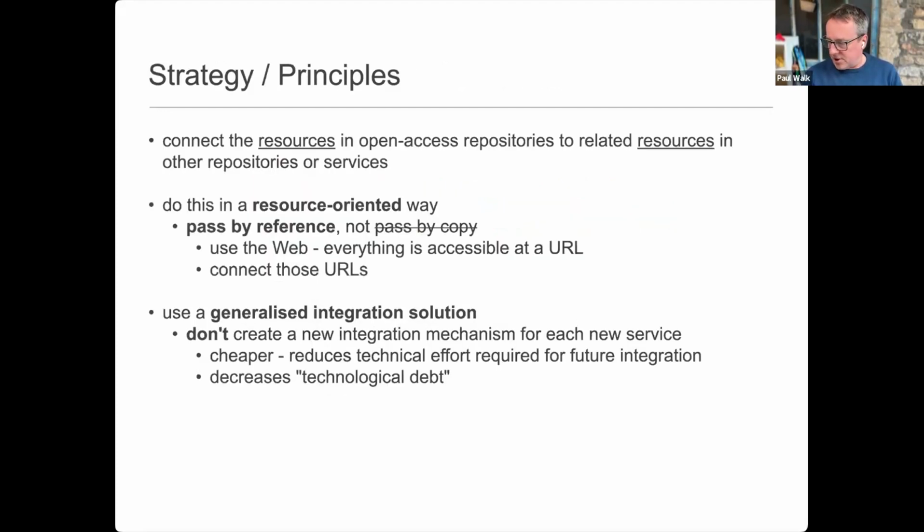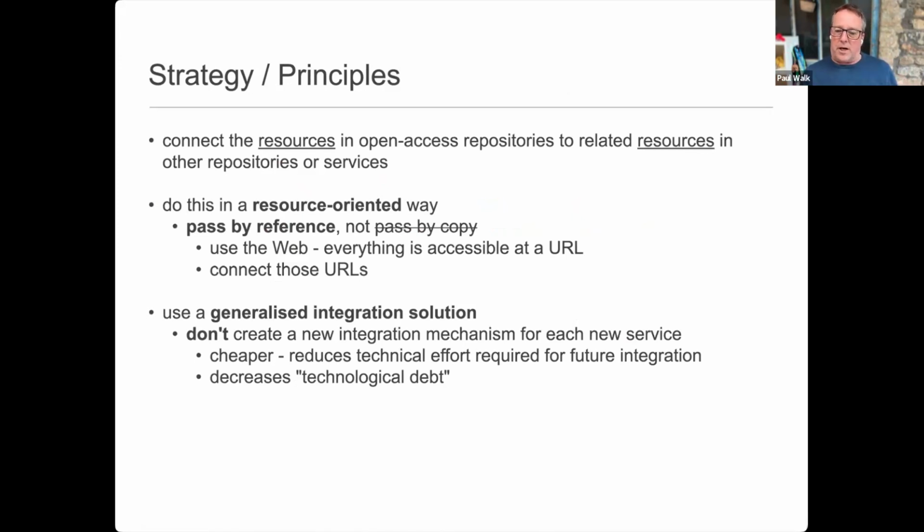So there's a strategy and a few overarching principles to what we're doing. First of all, we were really keen not to build another kind of system-to-system API or system-to-system integration. This is really about connecting the resources within the system.